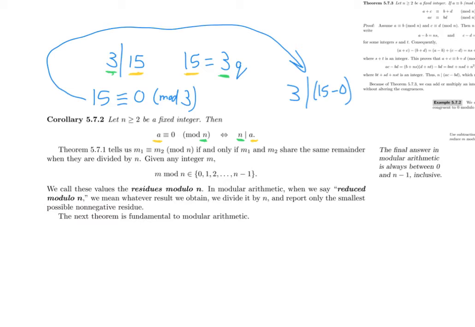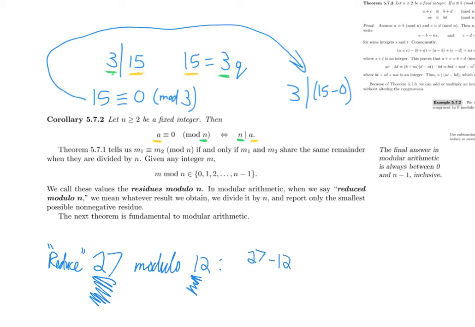So back to the example from earlier, if I say reduce 27 modulo 12, I'm basically saying kick 27 down by multiples of 12 until you get something that's between 0 and 11. The very informal way to do this is to keep subtracting 12 until you get the smallest positive integer you can.